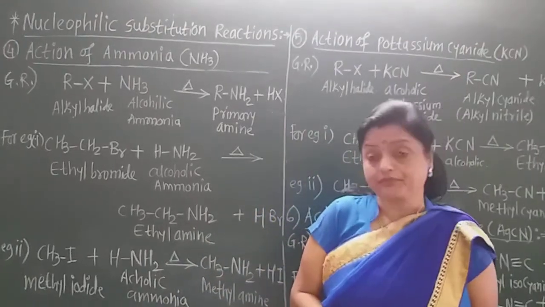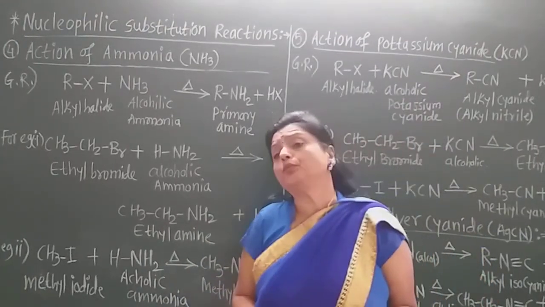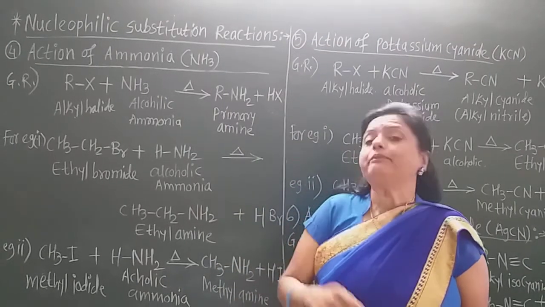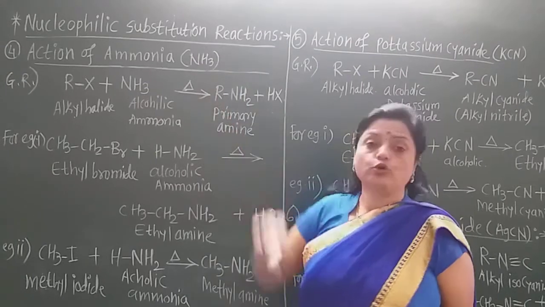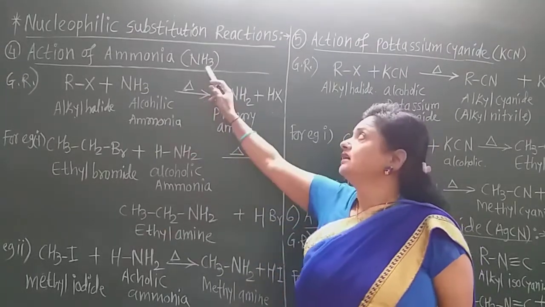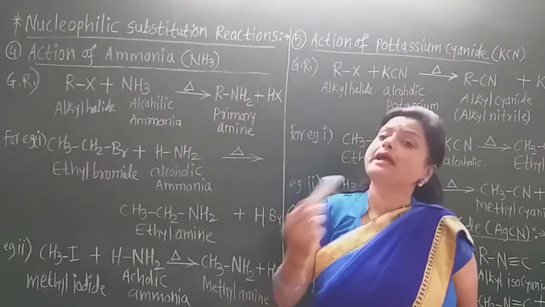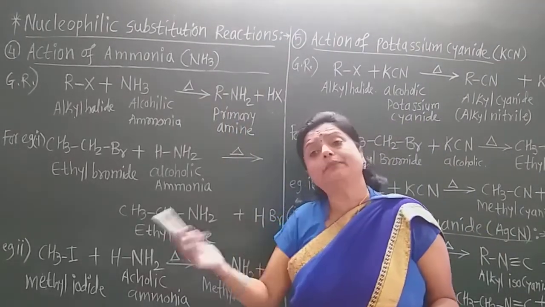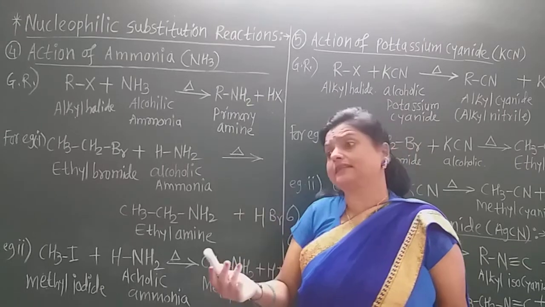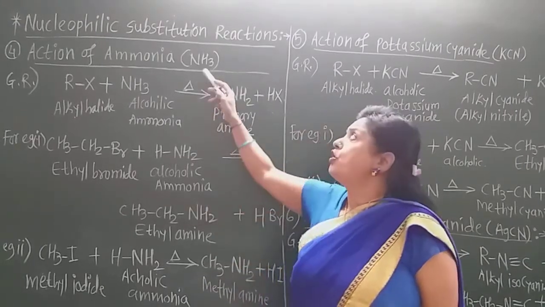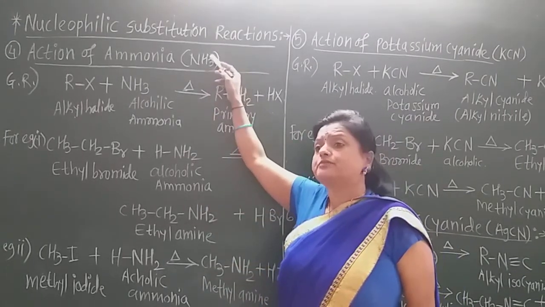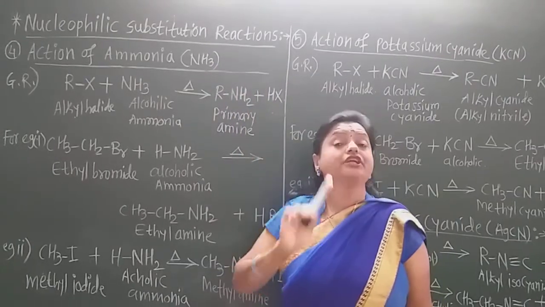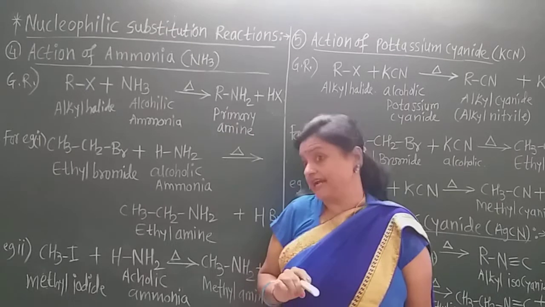If only the NH2 group is attached to the alkyl group, that is a primary amine. If one hydrogen is replaced by one alkyl group, that is a primary amine. If two hydrogens of ammonia are replaced by two different or same alkyl groups, those are secondary amines. And if all three hydrogen atoms are replaced by alkyl groups, those are tertiary amines. We learned that in the 11th standard.